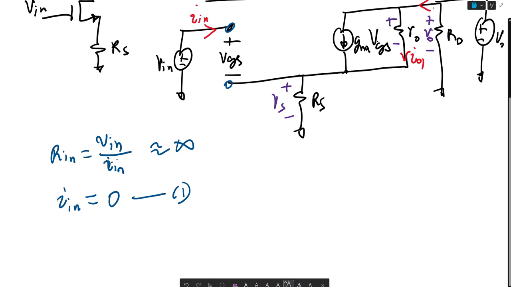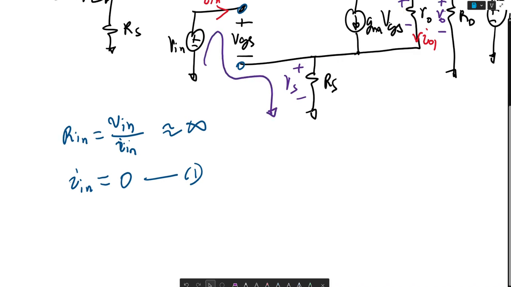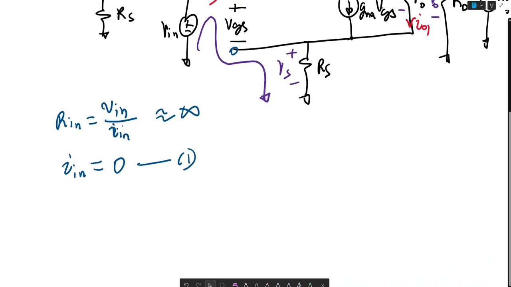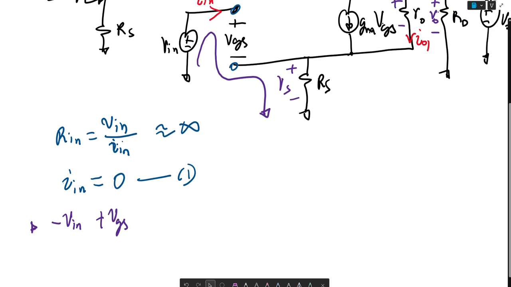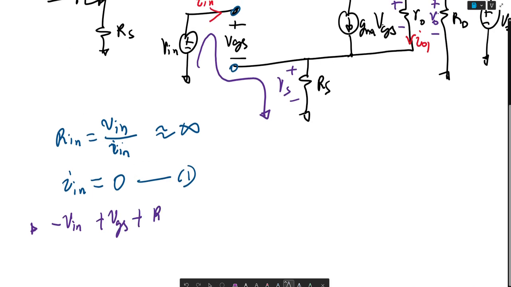But let's go ahead and write a KVL, right? Solve for voltages in this loop right here. Okay. And if we do that, we can see that we have another equation, negative Vin plus VGS plus RS IO is equal to 0.